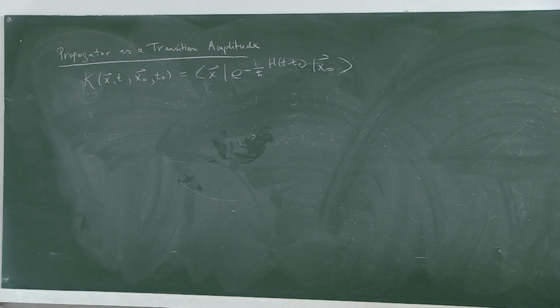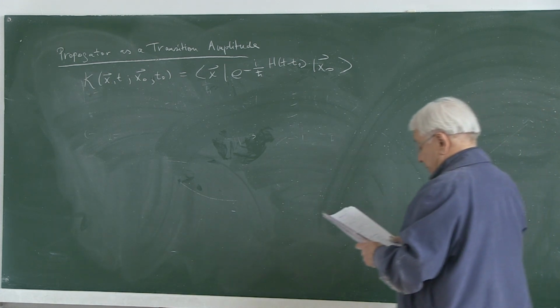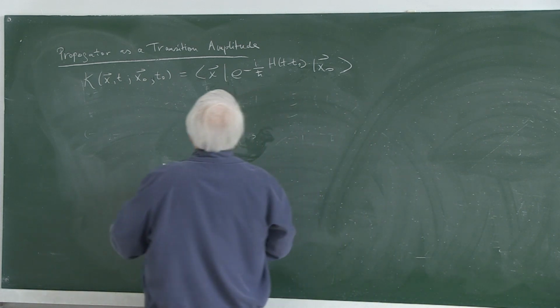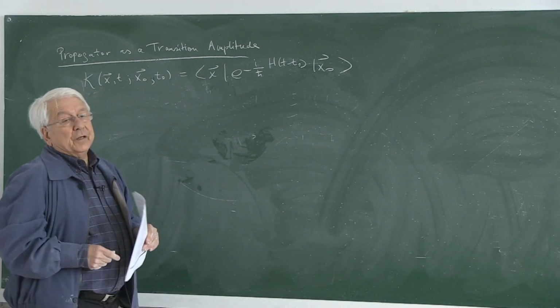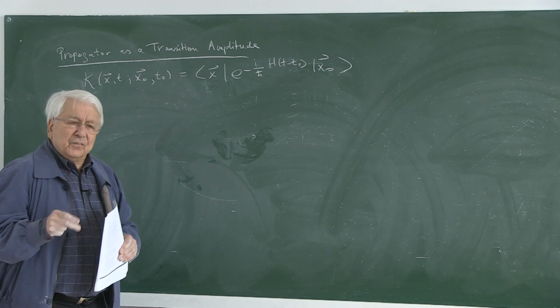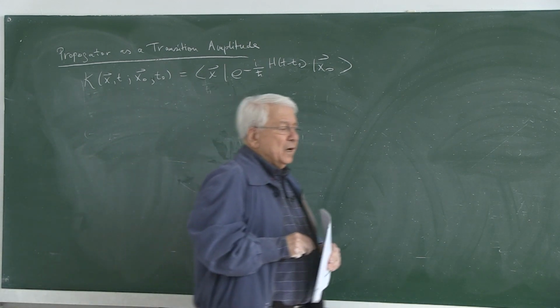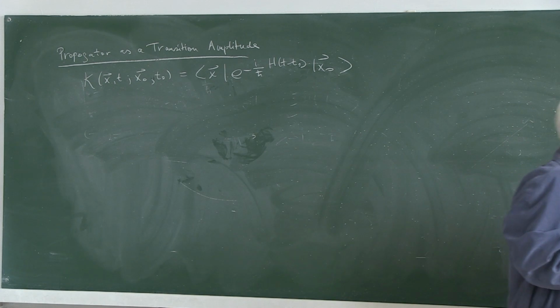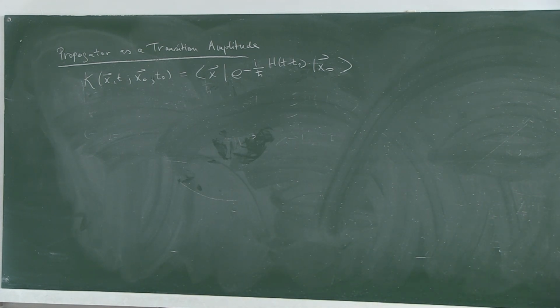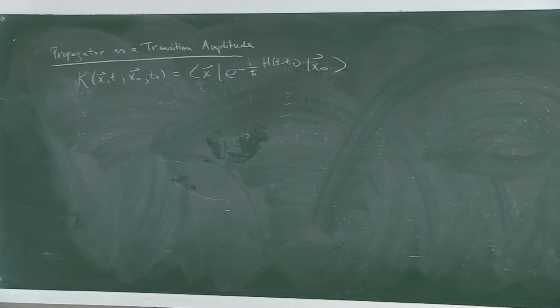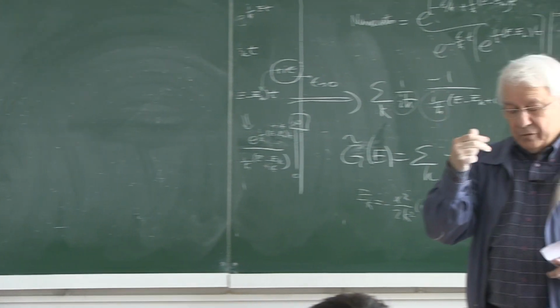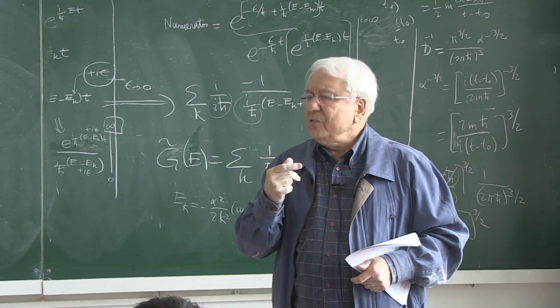So it is really a transition probability. In that respect also, this is different from the canonical formulation. The canonical formulation is static, and I don't want to mislead you, static in the following sense: it doesn't involve dynamical transitions.